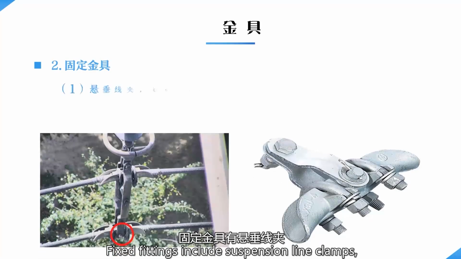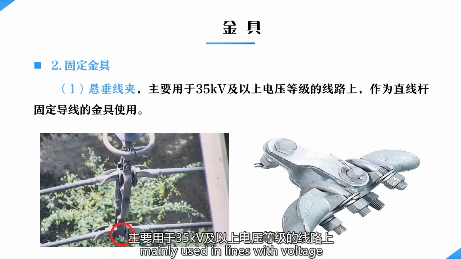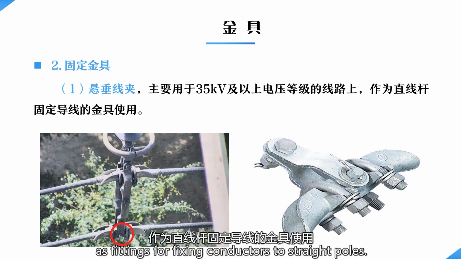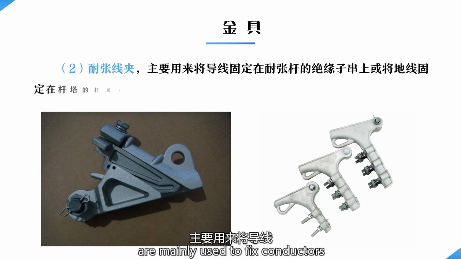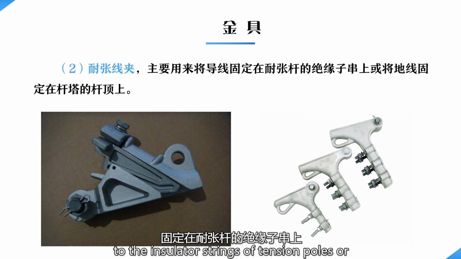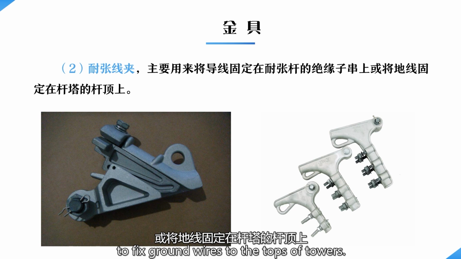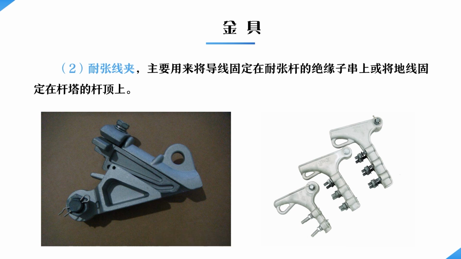Fixed fittings include suspension line clamps, mainly used in lines with voltage levels of 35 kV and above, as fittings for fixing conductors to straight poles. Tension line clamps are mainly used to fix conductors to the insulator strings of tension poles or to fix ground wires to the top of towers.